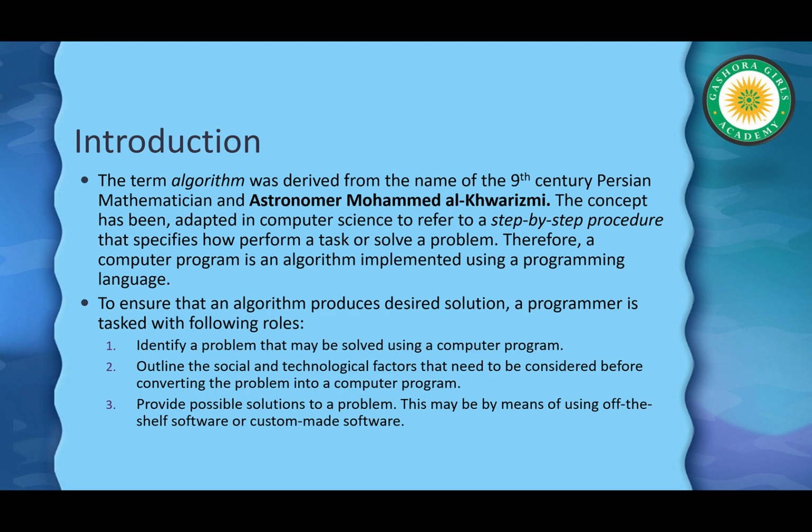Now you need to propose possible solutions so that you will know that the program is doing what it's supposed to do. Otherwise, after writing a program, you will not know if the program is doing what it's supposed to do. So you need to have a possible solution or solutions to a problem.